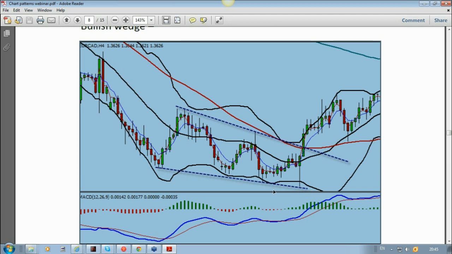To make a wedge or triangle reliable, count 7 spots on the boundaries. 1, 2, 3, 4, 5, 6, 7. The break comes on the 6th or 7th spot.